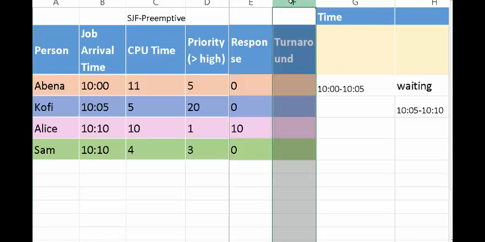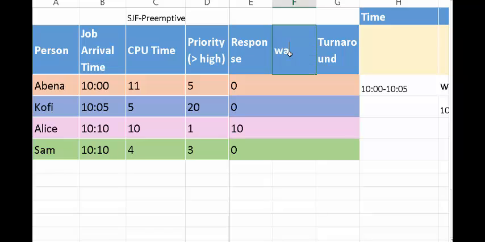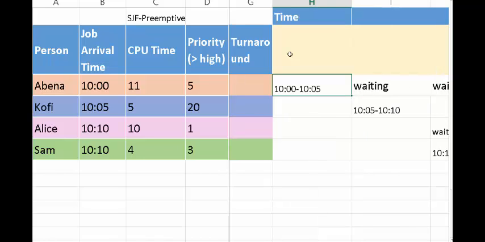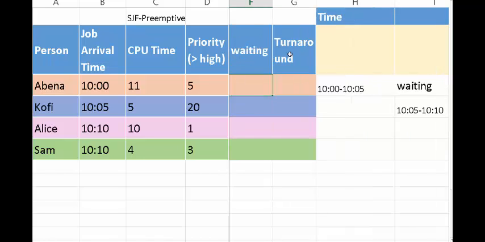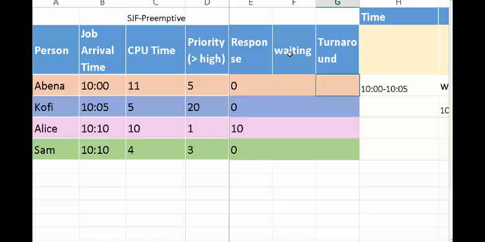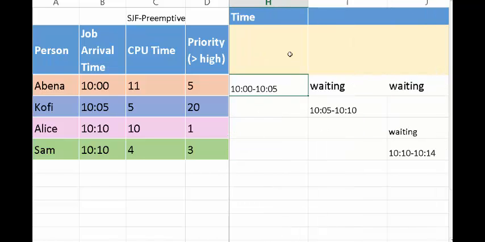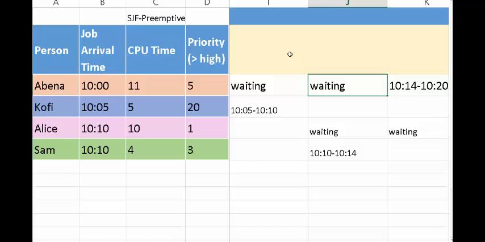Now we'll also add another computation in, which is the wait time. When there are no interruptions, wait time and response time are the same. But when there are interruptions, so in this case someone was forced to get off, the wait time and response time will be different. So for example, Abena responded in 0, but she is actually waiting, because she ran from 10:00 to 10:05, and got back at 10:14.